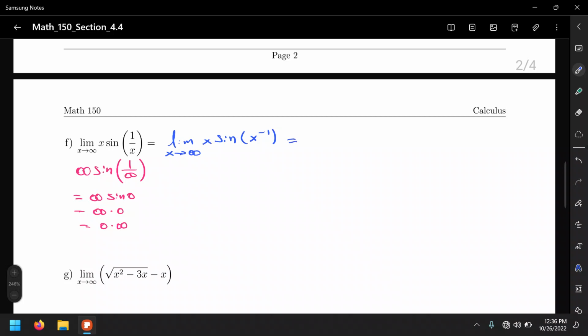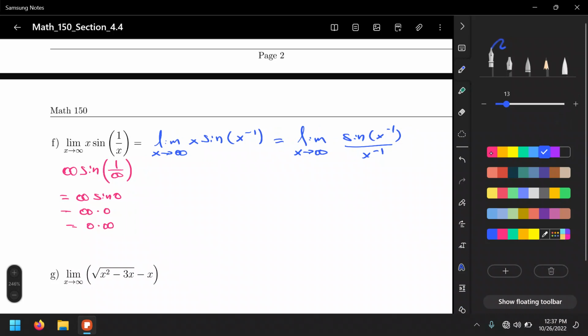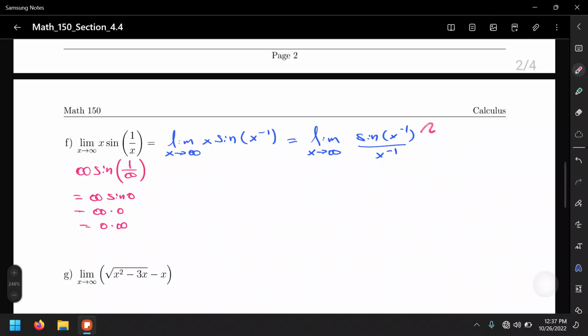So the trick here to make this function look like a quotient is to write that x that is multiplying with the sine in front of it, send it to the denominator as x to the negative 1. All right? Does that look like a quotient now? So that we may go ahead and use L'Hopital's rule.